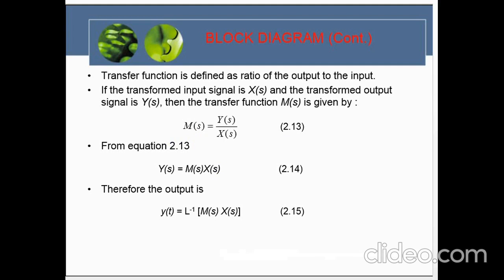If the transform input signal is X(s) and the transform output signal is Y(s), then the transfer function M(s), sometimes written M(s) or G(s) depending on the author, is given by equation 2.13: M(s) equal to Y(s) per X(s). From equation 2.13 we get the output Y(s) equal to M(s) multiplied by X(s).